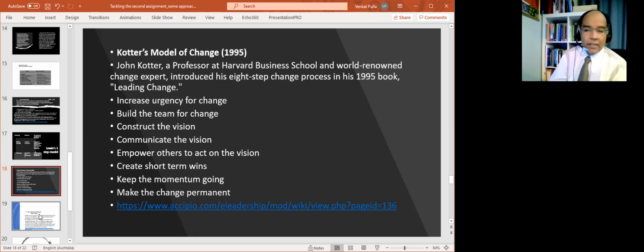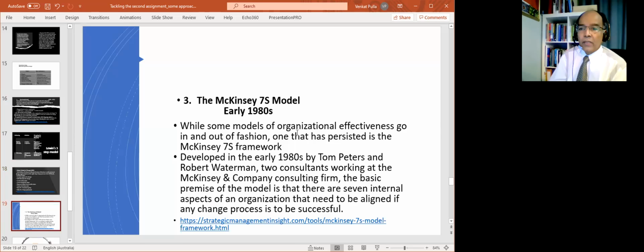So let's look at something. Now there's one more model, which is called the McKinsey seven-stage model, which also came up in the early 1980s. While some models of organizational effectiveness go in and out of fashion, one that has persisted seems to be the McKinsey framework. Some people may like it, some people may not.